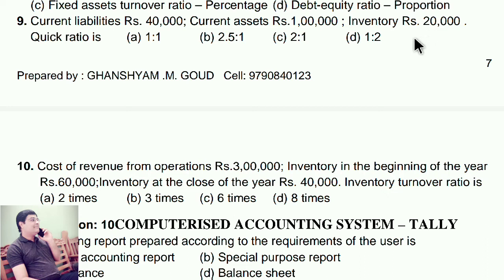So quick asset is 80,000. Then 80,000 divided by current liability 40,000 gives 2 is to 1, the answer. So you have to use the quick ratio formula in this question.